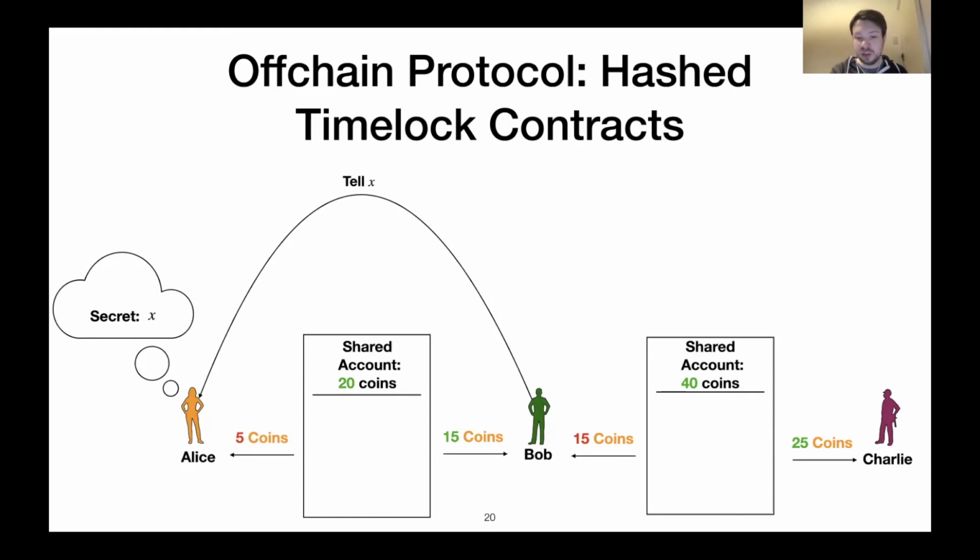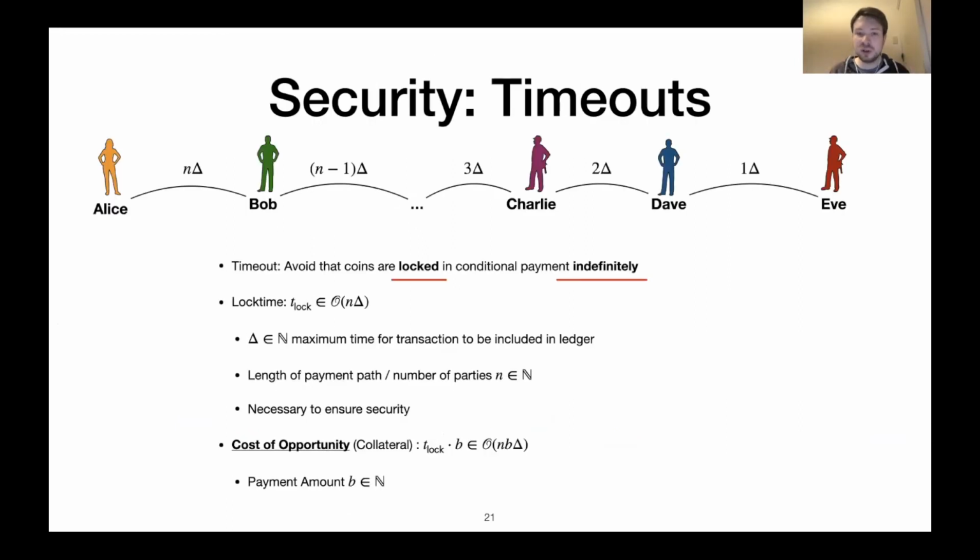Now, effectively, Alice has 5 coins less, Charlie has 5 coins more, Bob has 5 coins less on one channel, but 5 coins more on the other channel. Effectively, we performed a payment from Alice to Charlie of 5 coins. Now, to avoid that the coins within a conditional payment are locked indefinitely, we introduce timeouts.